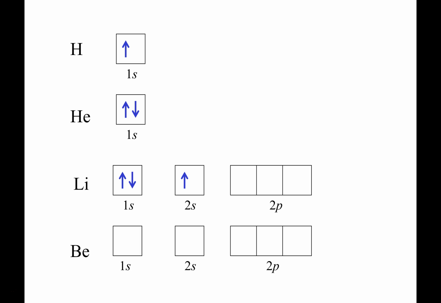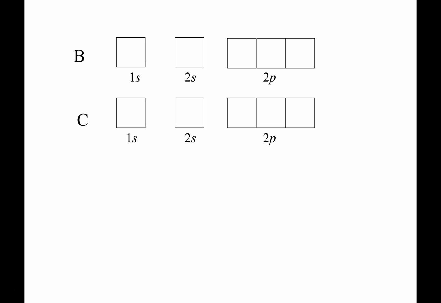Beryllium's atomic number 4, so 4 electrons, 1, 2, 3, 4. Boron's atomic number 5, so the 5 electrons go 1, 2, 3, 4, and then 5. We get to start the 2p subshell.